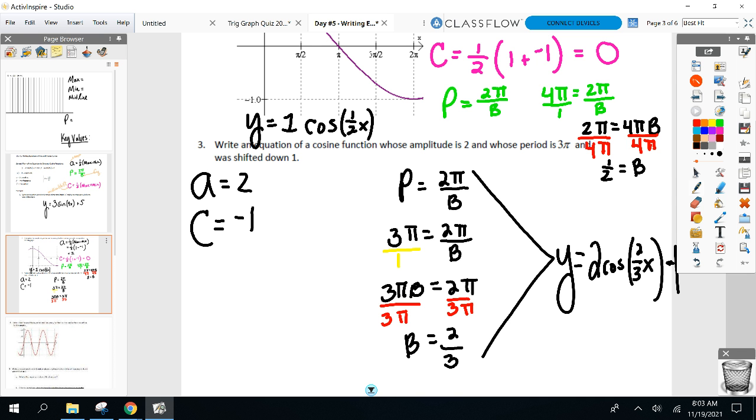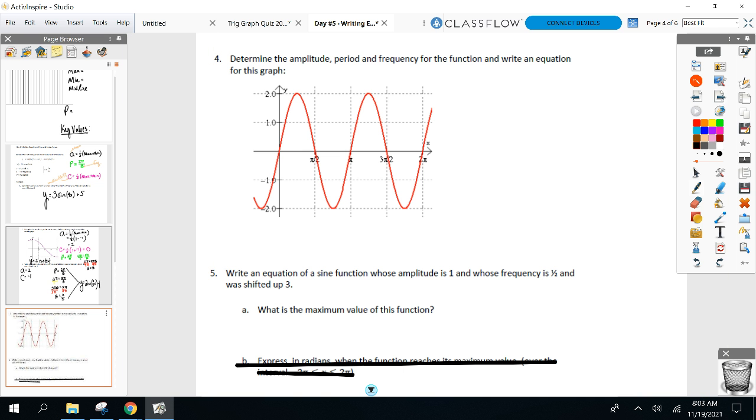All right, let's see if we can find anything tougher. Ooh, how about this curve? Go ahead, find your A and C value. Find your A and your C value, and we'll work together to find the B value.